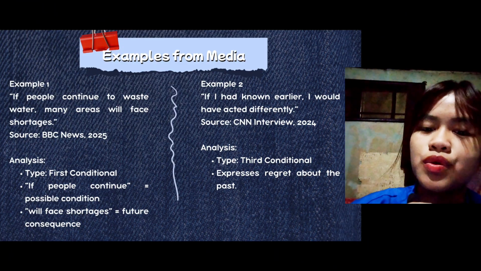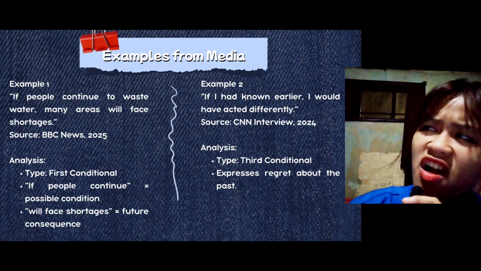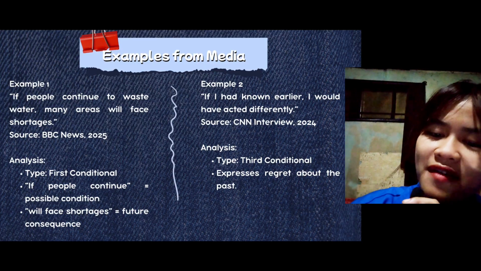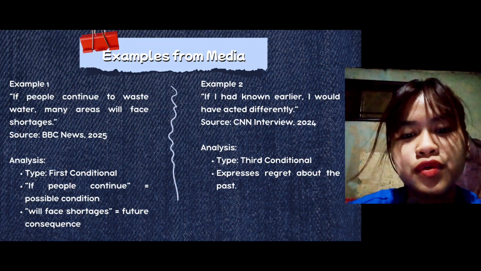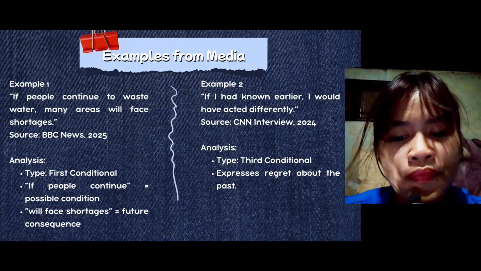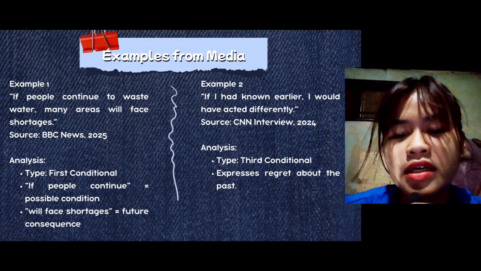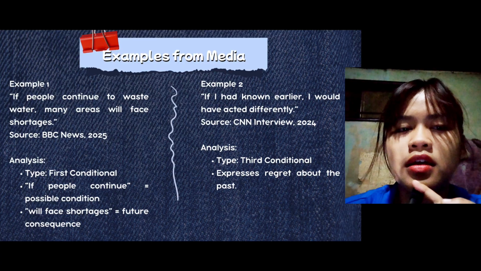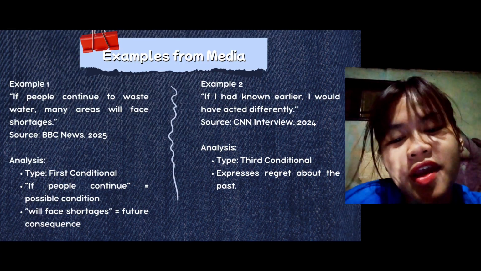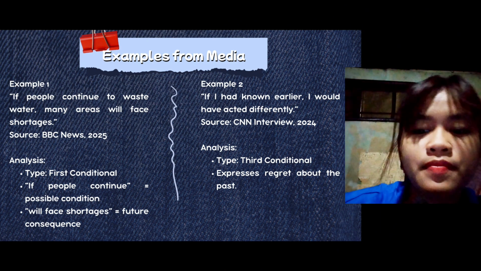And then for example 2: if I had known earlier, I would have acted differently. Source: CNN interview, 2024. For the analysis, type: third conditional. It expresses regret about the past.